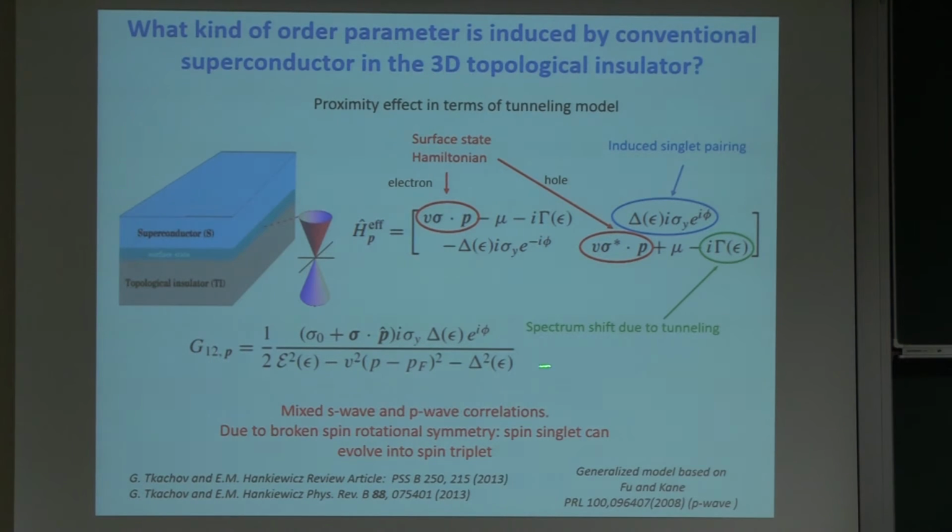One component is sigma 0, meaning it is directly connected with the singlet, while the second component I would call helical, because the spin and momentum are coupled. So here is exactly sigma dot p, and you can immediately convince yourself that this component is related to p-wave superconductivity. However, here we do not break time reversal symmetry. So it's actually the component px plus minus ipy. The reason one can get this correlation is, as I said, that in general, if the spin rotational symmetry is broken in a system, one can change the singlet into the triplet.